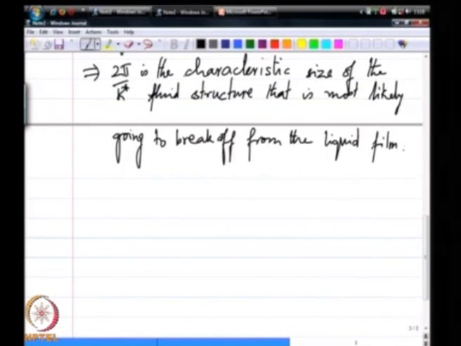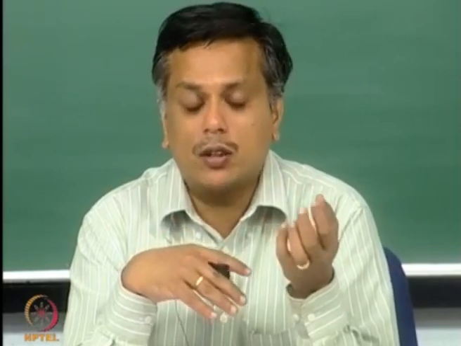So, here is a way I can relate the nozzle performance, or the parameters associated with the flow inside the nozzle, to a structure that could likely break off from the liquid sheet, which could further coalesce to form a drop further downstream. So, I have this linear instability modeling that allows me to go from internal flow inside the nozzle to external flow.